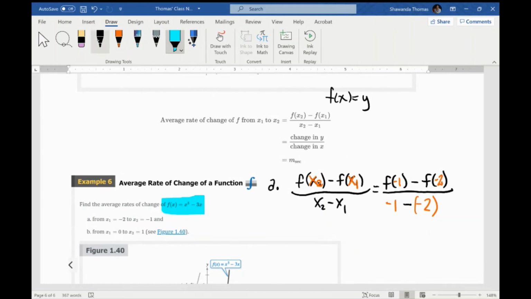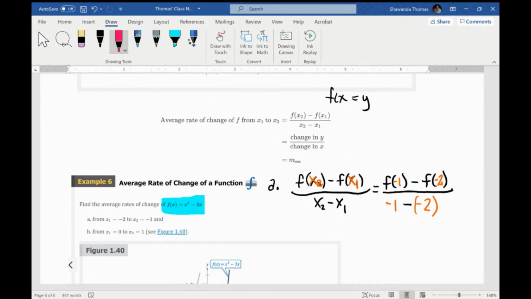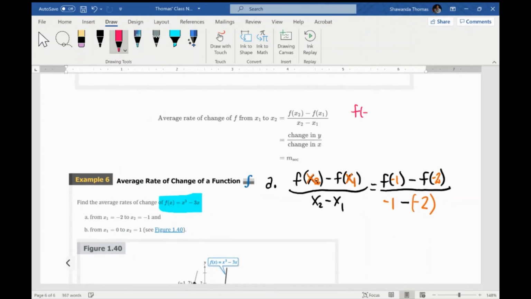I'll put it up here at the top. F of -1 equals -1 cubed minus 3 times -1. What's -1 cubed? -1.